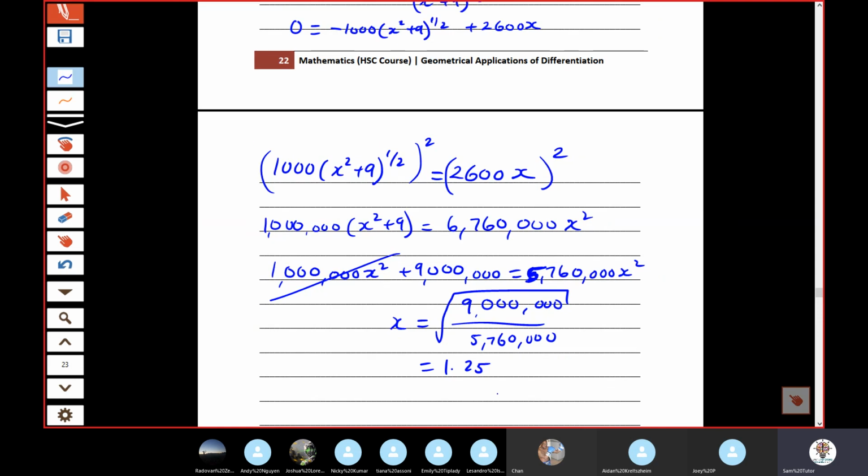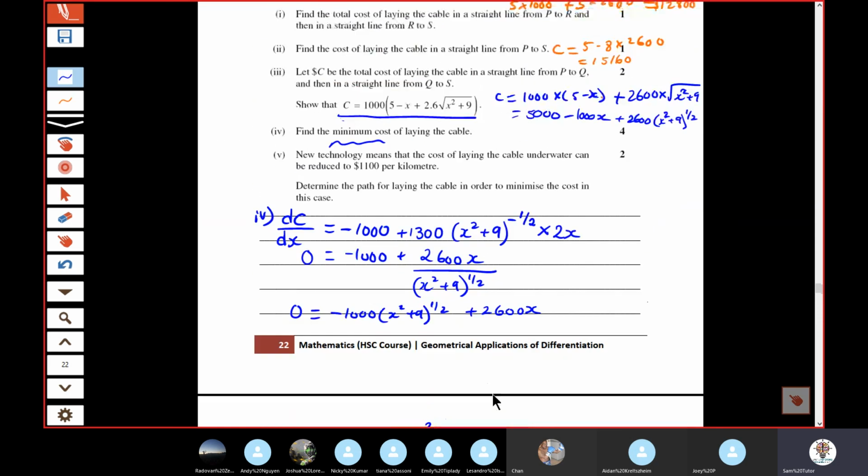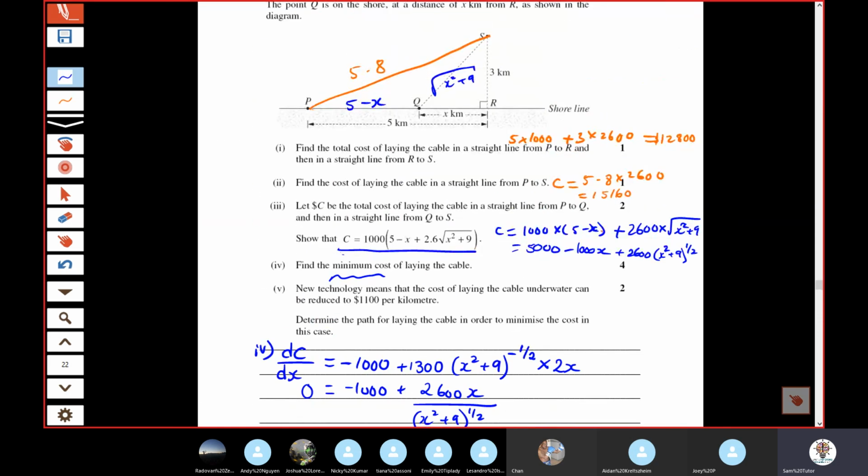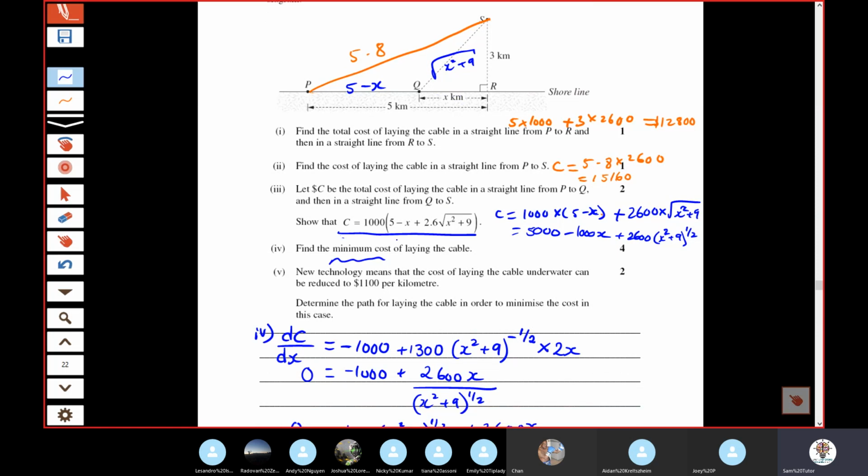So let's go back and see what the heck that means. All right, x. That means as long as x is 1.25, we'll be able to get the minimum cost. That's what it's saying. As long as x is 1.25, you'll actually be able to minimize your cost. Again, pretty unique stuff. You think of a company that's going to employ people to do this, etc. If they can work out the minimum cost, they can save a lot of money.